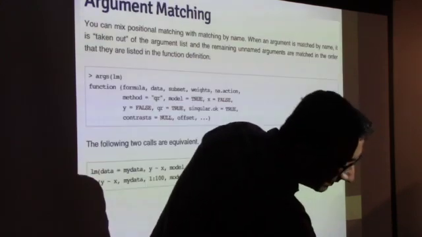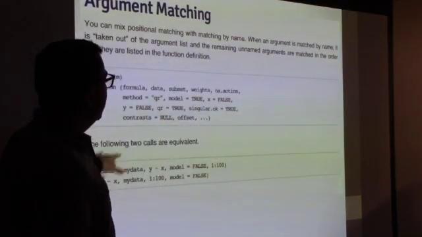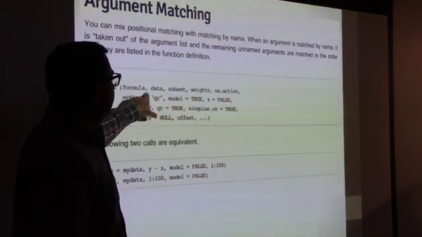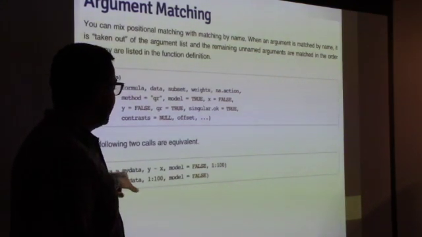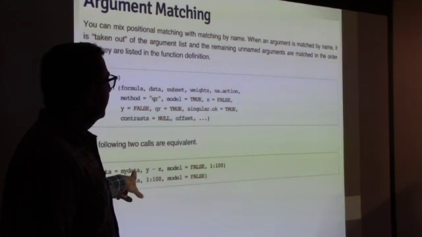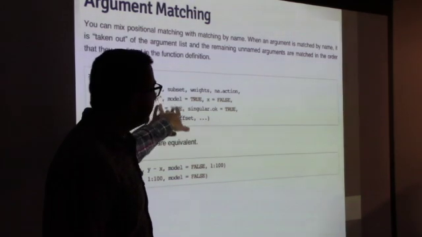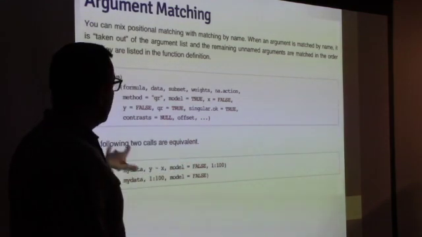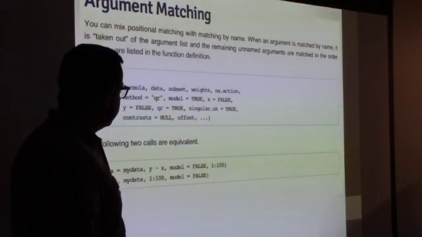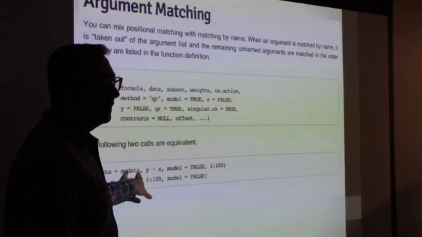So here, let's go back. Same example. In this function, if instead of data equals my data, I said dat equals my data, is there anything else that has dat as the first three letters? No. So partial matching works and dat will be assigned to my data.